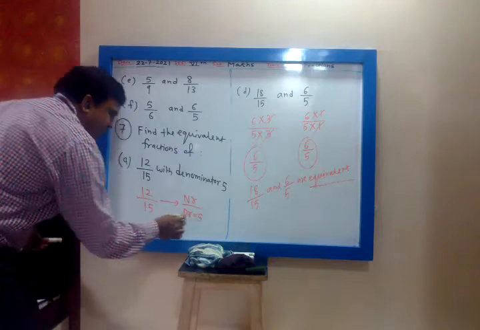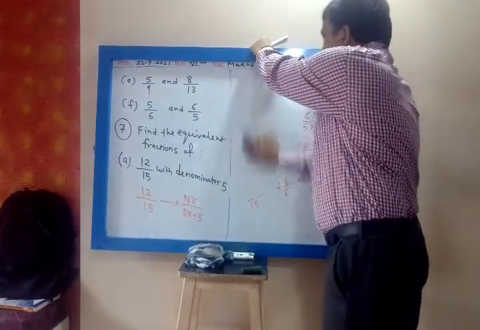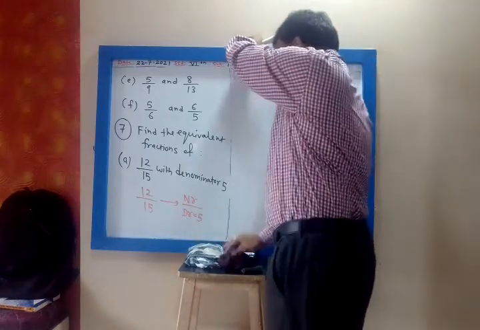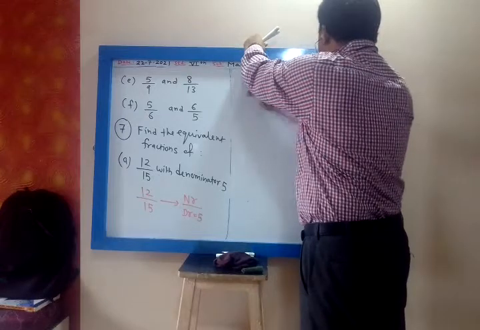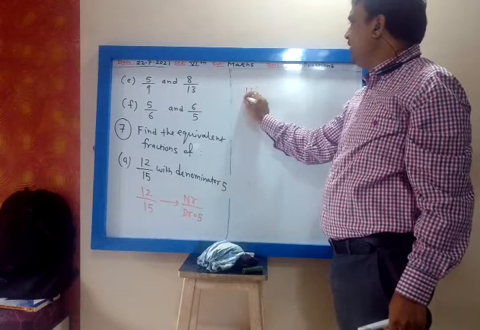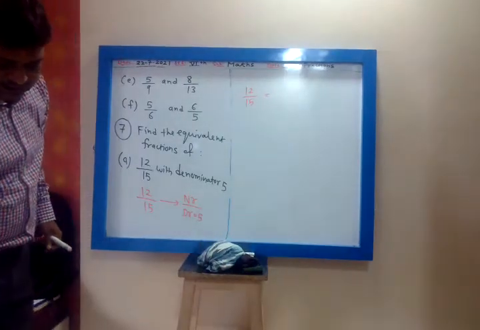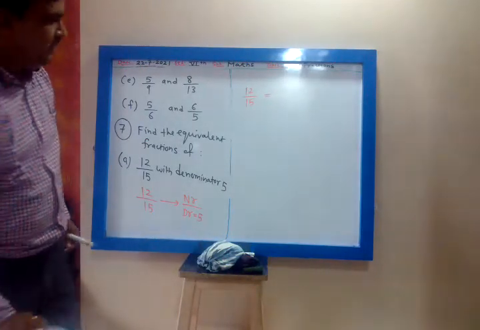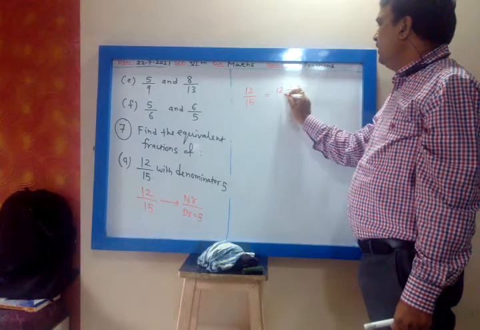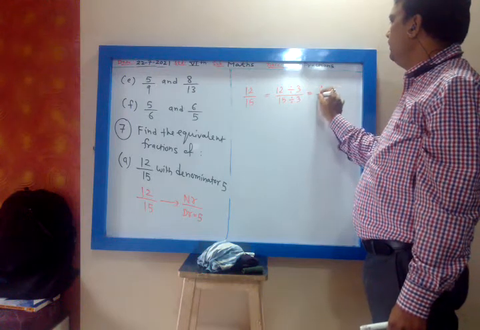Now this 15 I have to convert into 5. So how will you convert 15 into 5? Divide by 3, yes. So 12 upon 15, you will divide each by 3. 12 divided by 3 is 4, 15 divided by 3 is 5.